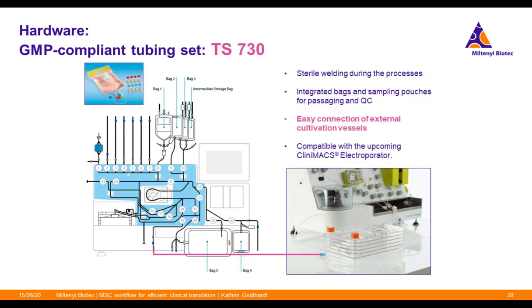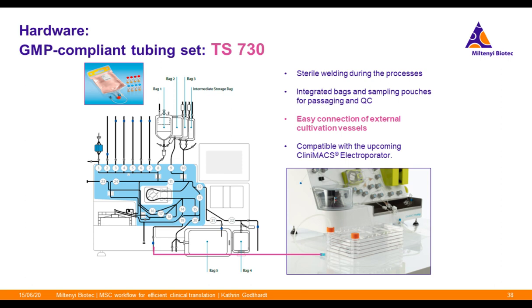Now coming to the tubing set, it's GMP compliant, and it's possible to do sterile welding during the process. It has integrated several bags and sample pouches for passaging and QC. It's easy to connect an external cultivation vessel, as it is shown here, via a dead end tube.